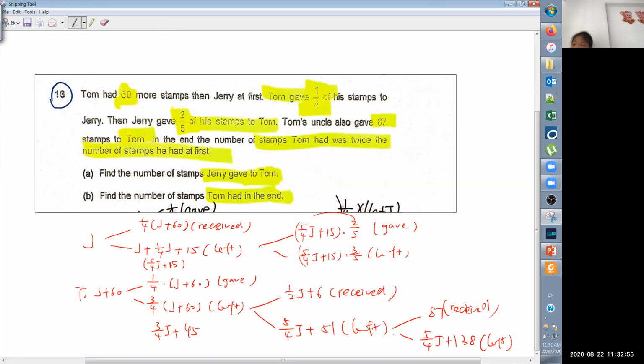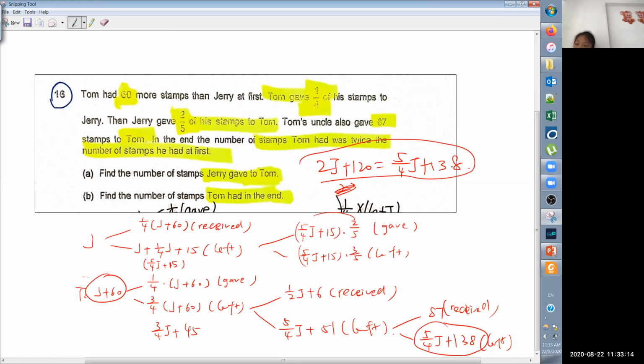So this one is 2 times this. 对吗？So 2 times is this. Okay. So what you do, you bring it over. So it's 2J. Can you help me solve this? For J, yes.